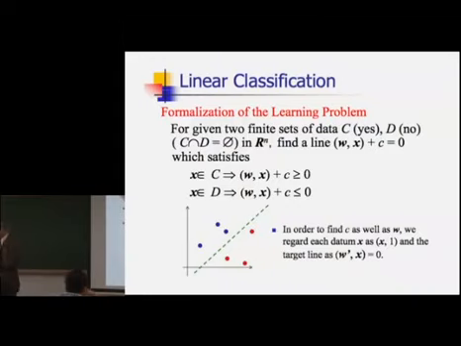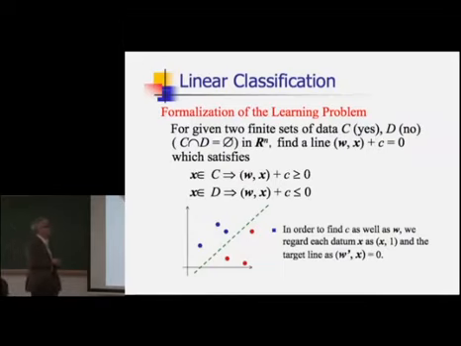Okay. To explain what learning from string data is, I'll first explain a very simple learning mechanism from numerical data, or continuous data. Consider the n-dimensional space of real numbers, and assume that we are given two finite sets of data, C and D. Each element of C is called positive data, and each element of D is called negative data.